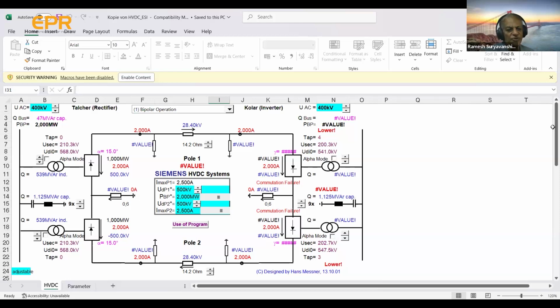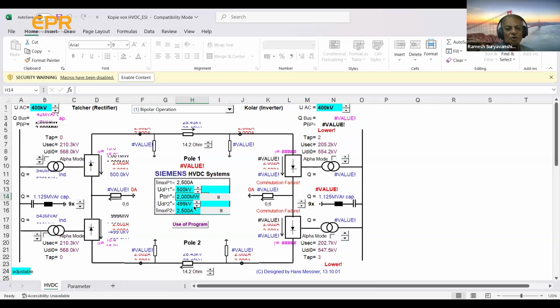Now I want to show there are too many complicated parameters that move when you go into this kind of DC designing of HVDC. See now, if I change this, I make the secondary 205 kV, and you can see the parameters changing.